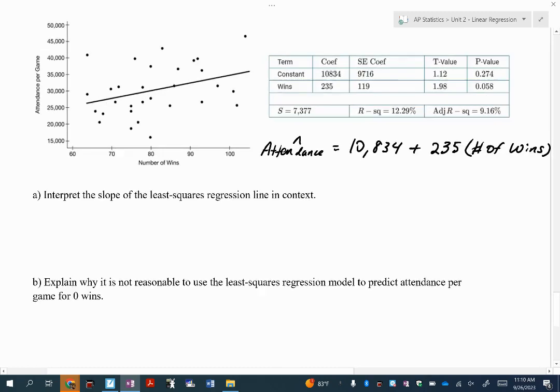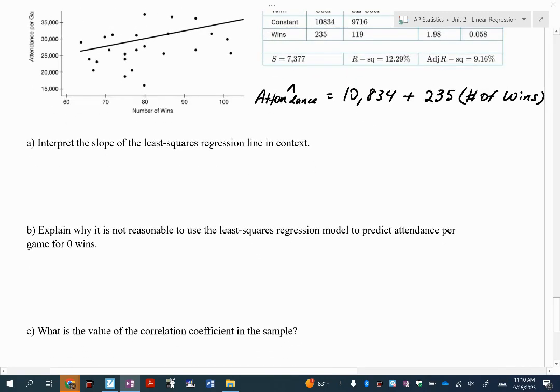When it's asking you to interpret the slope, you first need to make sure you identify the slope. So the slope is 235. That's the first thing you want to do.